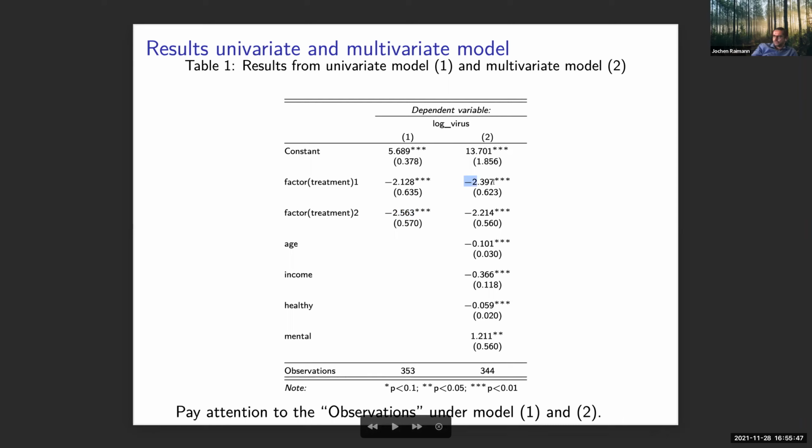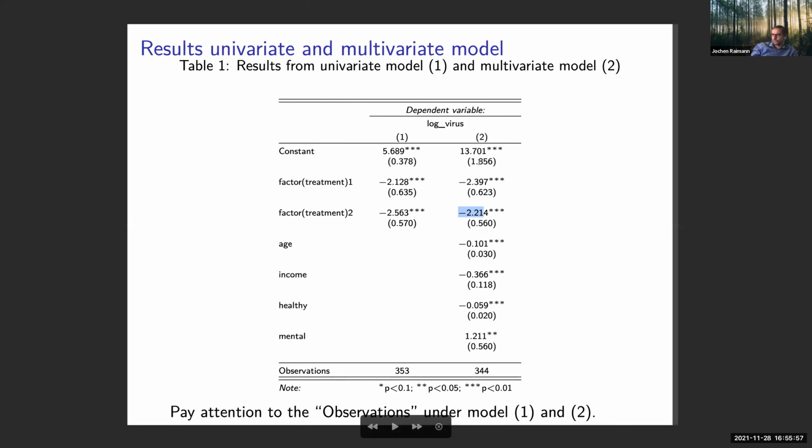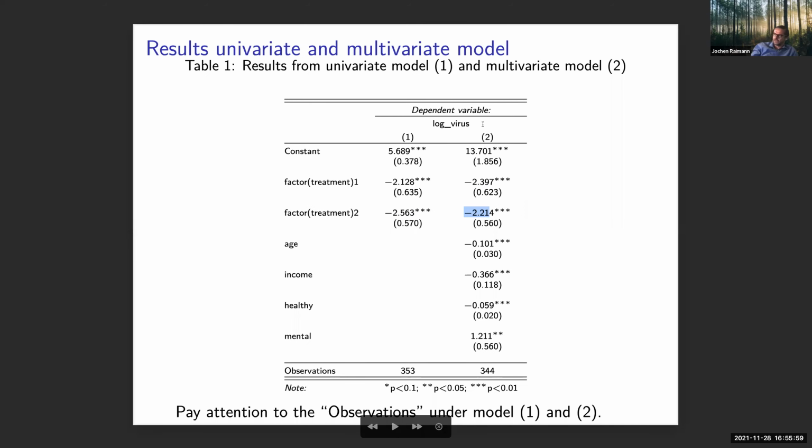Of note, this is consistent with the multivariate model that is additionally adjusted for these 4 confounding factors. What is interesting to see is that the intercept increases, but the slope of the respective treatment regimen is consistent. What's also interesting is that the observations differ.